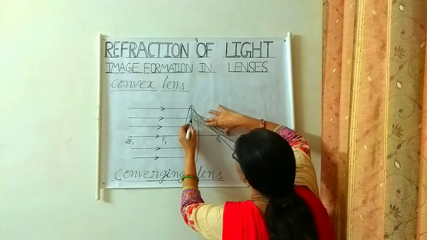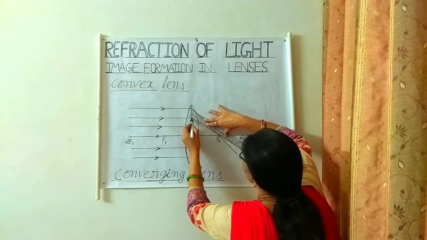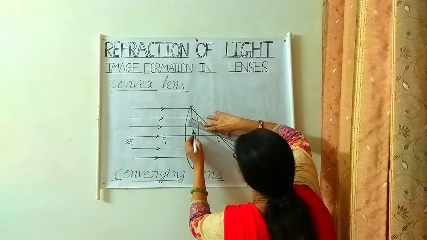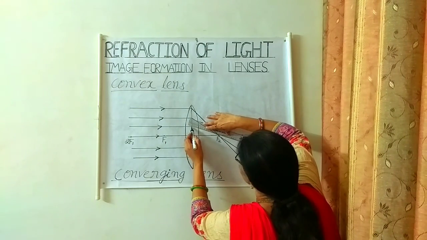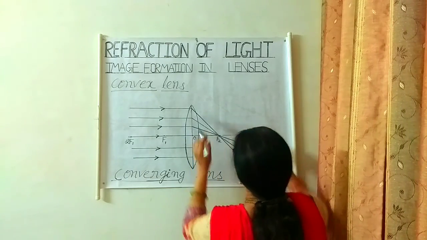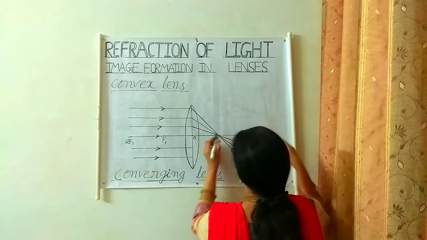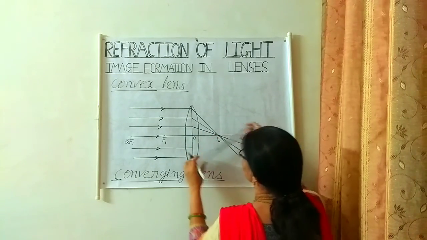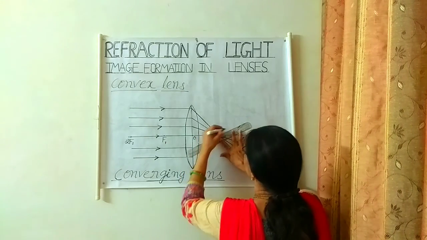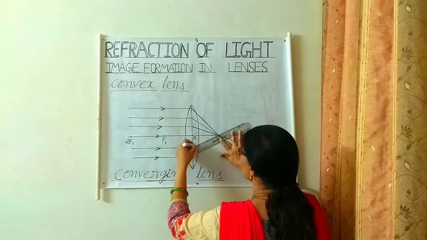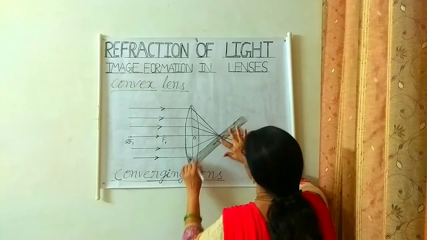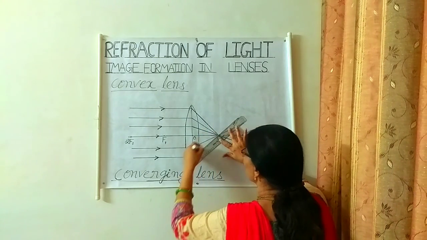This is the second incident ray, it will pass through the principal focus like this. This is the third incident ray, it will again pass through the principal focus like this, and this is the next incident ray which will pass through the principal focus, and this is again our incident ray which will pass through the principal focus.